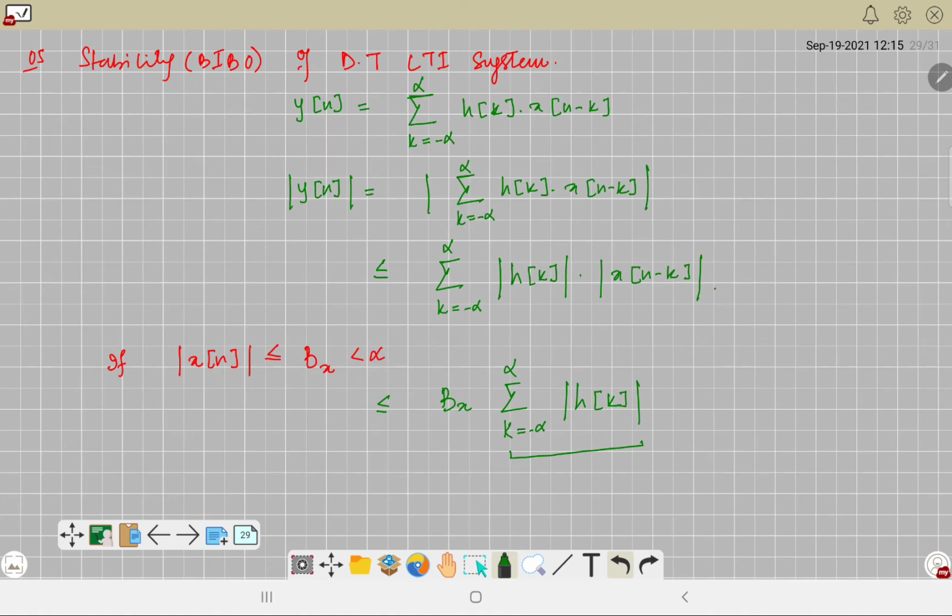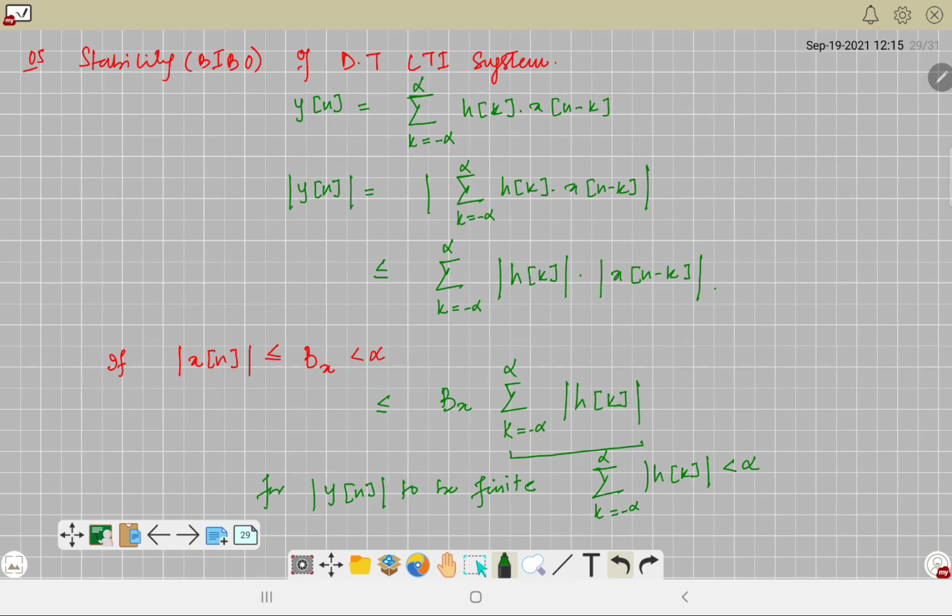Okay, so the condition is that for y of n to be finite, this summation k from minus infinity to infinity of h of k should be finite, right?